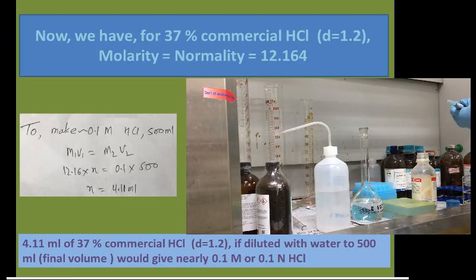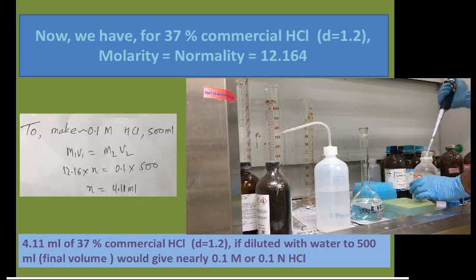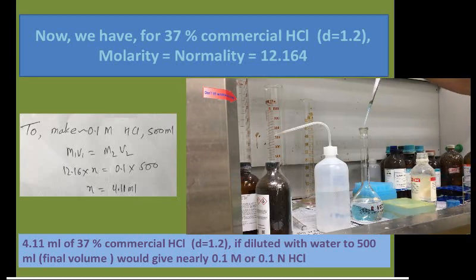So we need to find out how much volume of concentrated hydrochloric acid is required. So from the molarity equation, we can find that the required amount is around 4.11 ml of concentrated hydrochloric acid, that is 37% commercial hydrochloric acid.